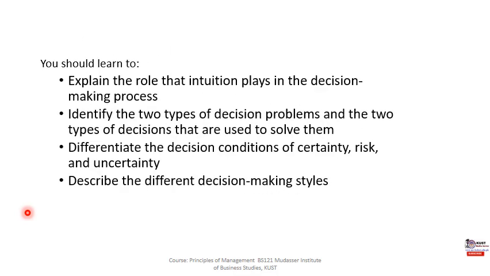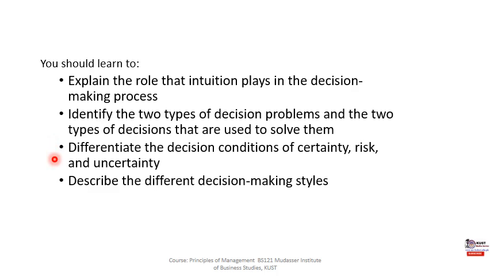In addition to this, we will also learn to explain the role of intuition in the decision making process, and identify the two types of decision problems and the two types of decisions that are used to solve the problem.